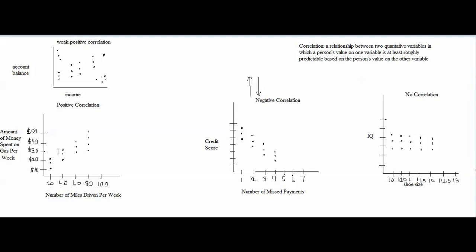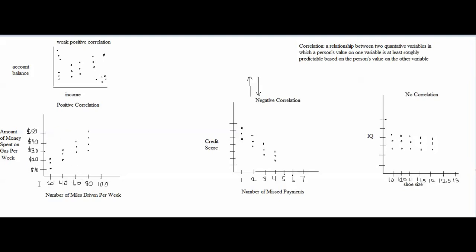So there aren't going to be very many people up here who don't do very much driving but still spend a lot of money on gas, because if you don't do very much driving, there isn't any reason to expect you to be spending a lot of money on gas up here.